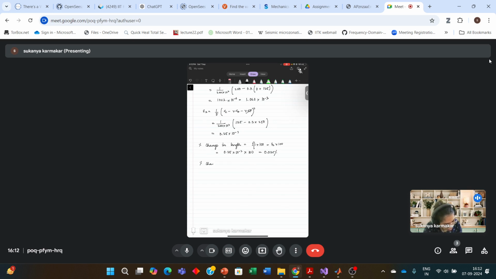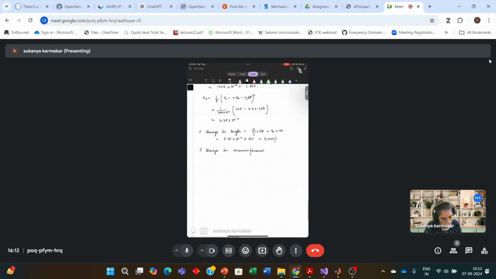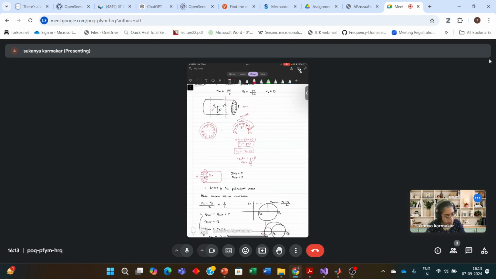So the change in circumference will simply be epsilon theta into 100, which is 1.062 into 10 to the power minus 3 into 100, which is 0.1062%.